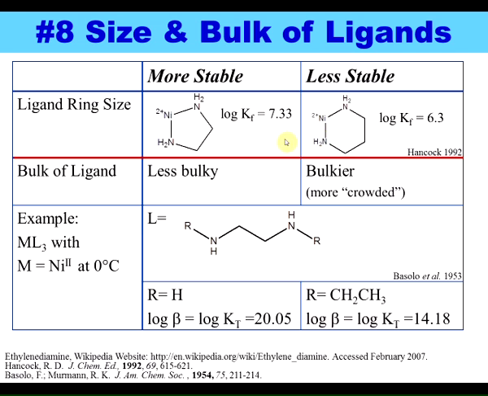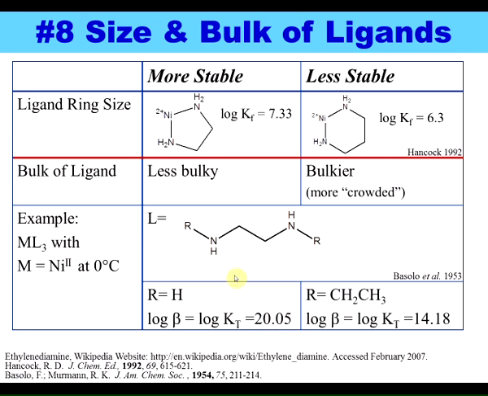Now let's compare the bulk of the ligand. So we're looking at a less bulky ligand. If the R groups are hydrogens, and these nitrogens bind to a nickel 2 plus, the log beta value is 20.05.